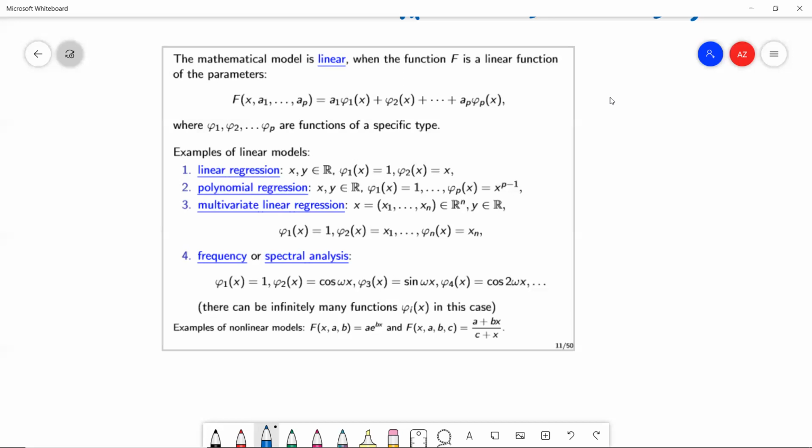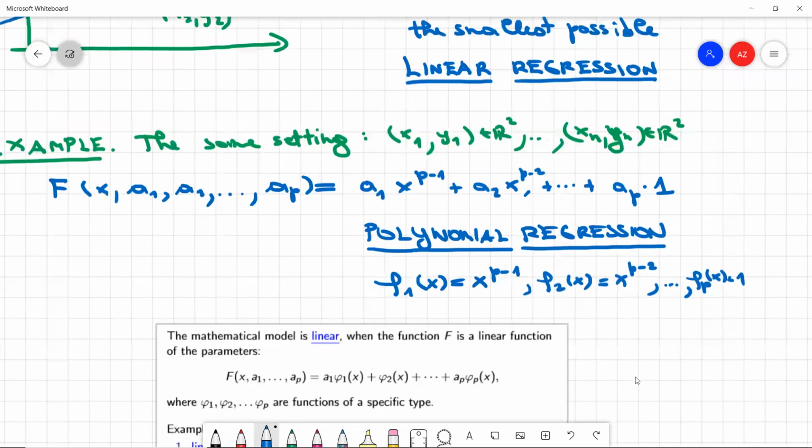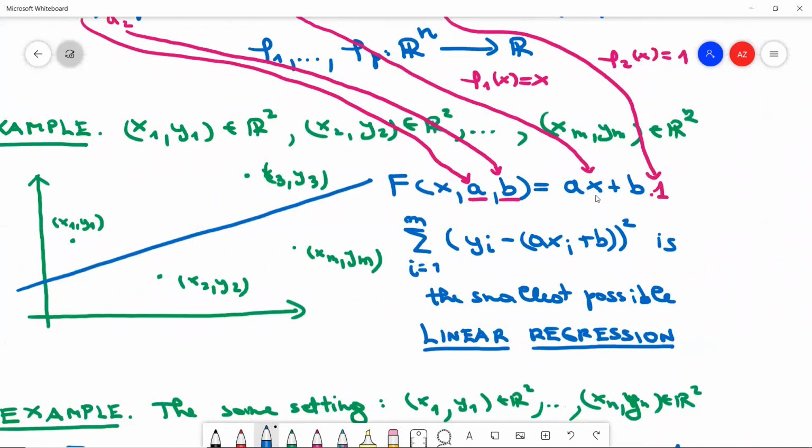Yes, okay, exactly. I just switched the order of phi 1 and phi 2 above. But yes, as you said, phi 2 would be x, and phi 1 is 1. Or vice versa, if you take another order of a's and b's.